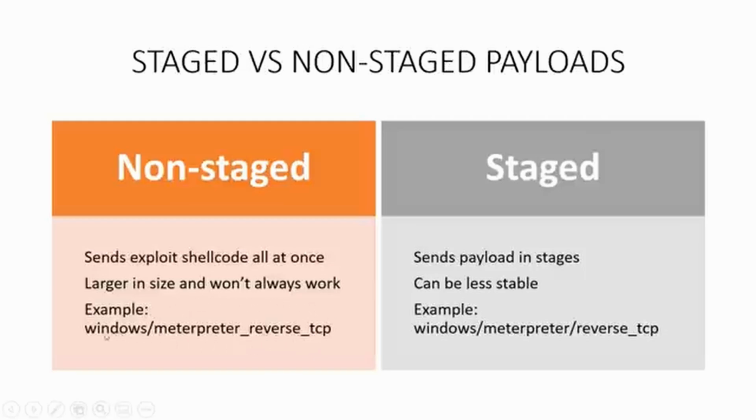We can ignore the windows here. But here where we see Meterpreter/reverse_TCP, this means we have a staged payload. What's happening? It's saying, hey, stage 1, stage 2. What's happening here? It's saying, hey, let's send this all at once.